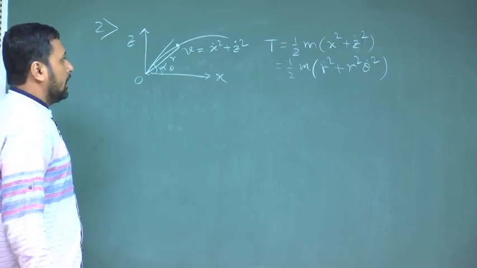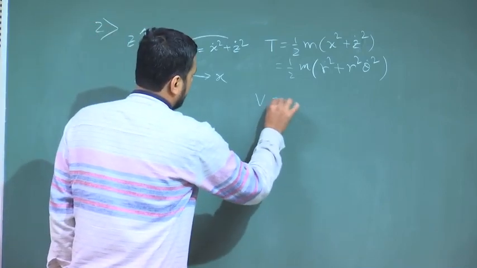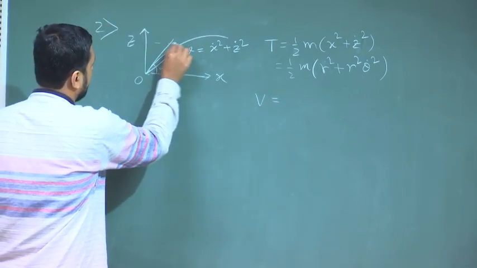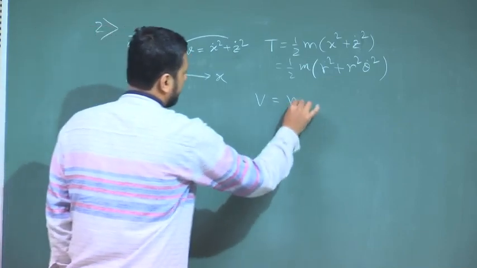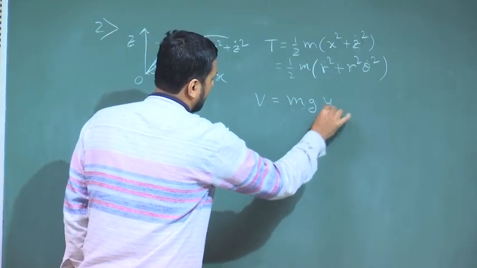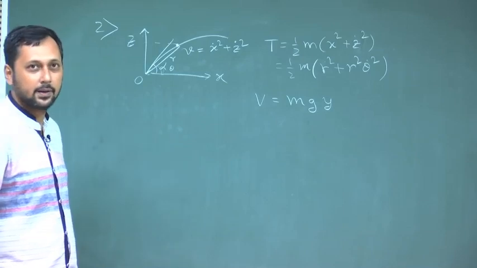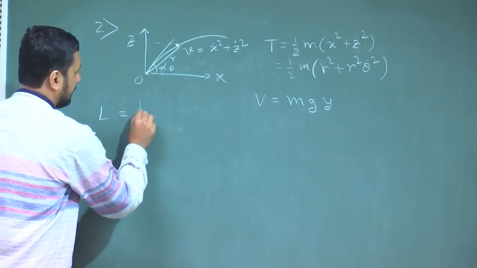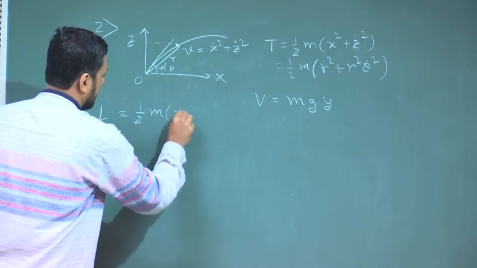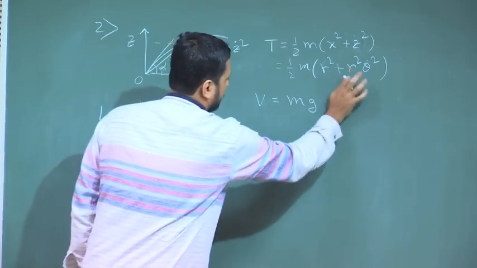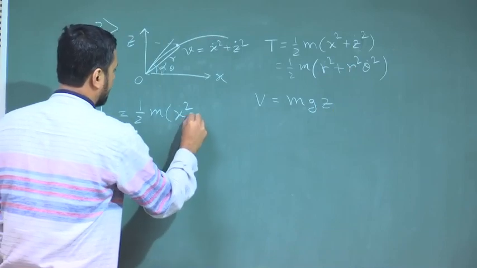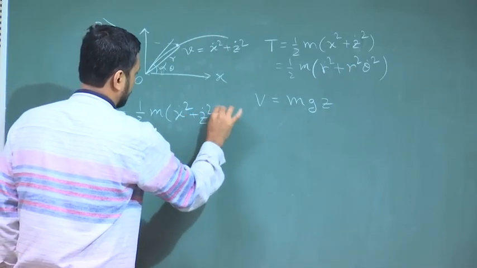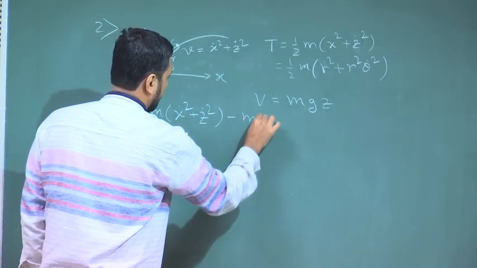And V, the potential energy, is given by m g z. So the total Lagrangian L is half m, x dot square plus z dot square, minus m g z.